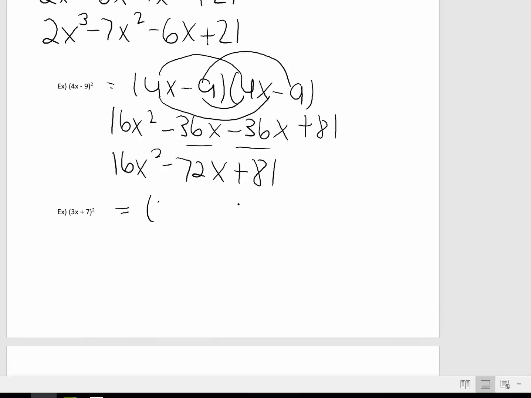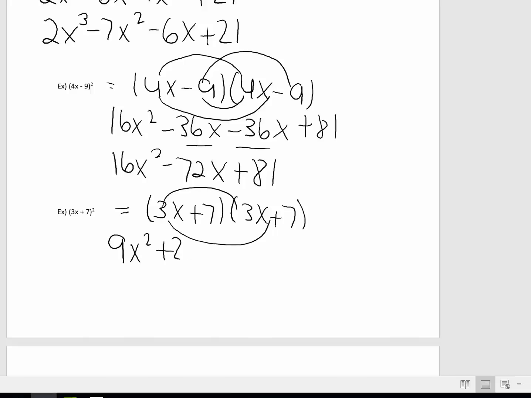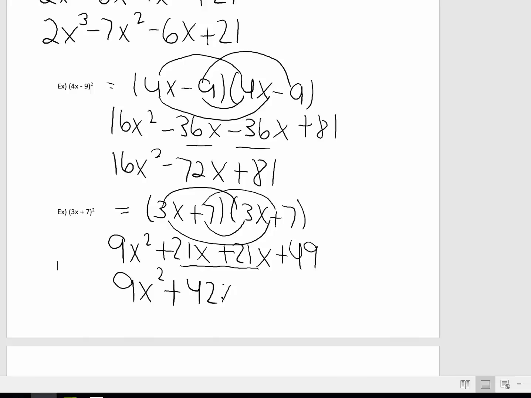So again, I can rewrite it as 3x plus 7 times 3x plus 7. So again, I have a binomial times a binomial. So I can FOIL. Combine like terms. And we're done here.